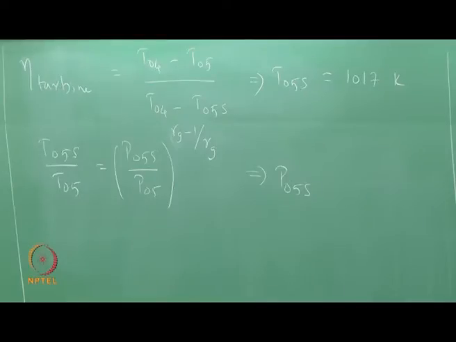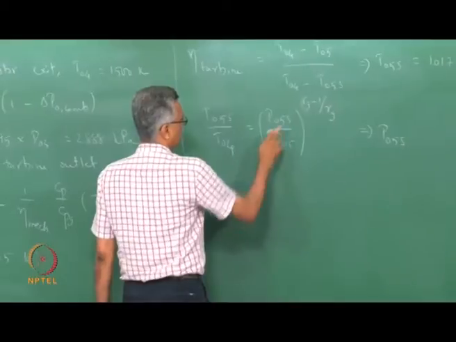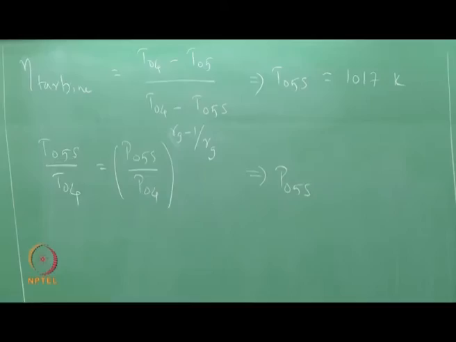Oh, I am sorry, this is T05s divided by T04, P05s divided by P04, yes. So, I can calculate P05s from this equation.